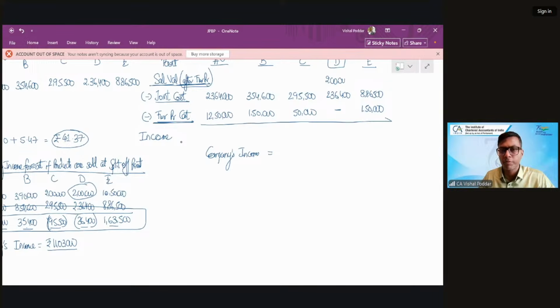The joint cost is there. There is no further processing cost. So the loss of D remains same. Chalo.